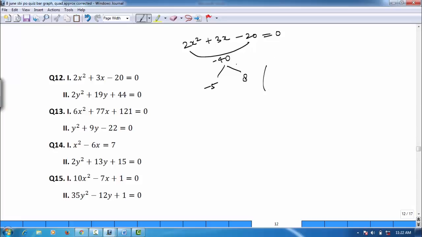So now we will divide both these values by 2, that is the coefficient of x square. So we will get the values as minus 5 by 2, 8 by 2, and on changing the signs, we will get the value of required roots, that will be 5 by 2 and minus 4.